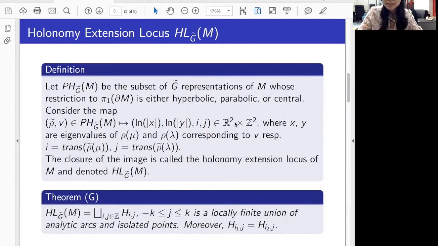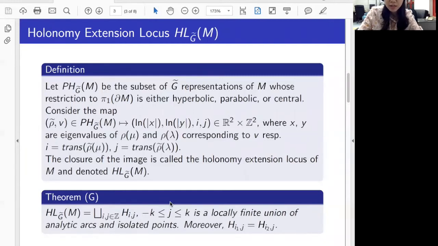These planes are indexed by the integers i and j, which are the translation number of the meridian and the translation number of the longitude. We will denote the intersection of the holonomic extension locus with the ij plane as h_ij.